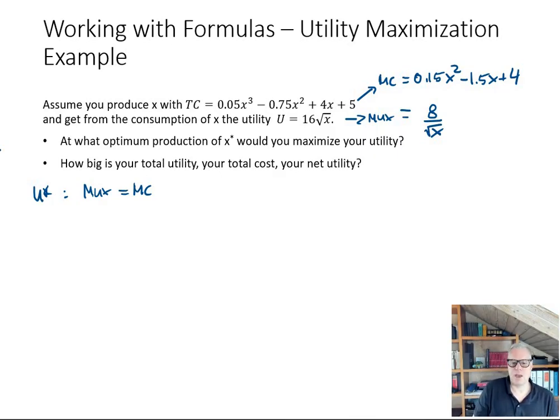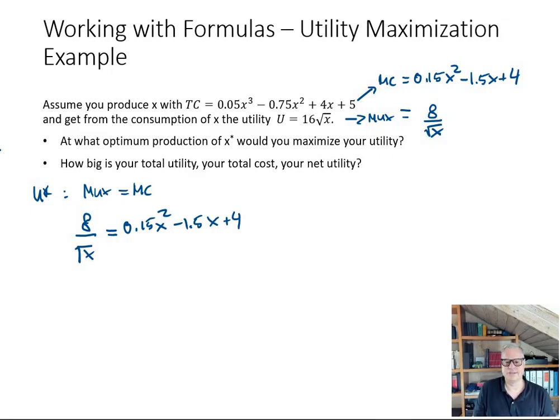Okay, so now we just have to find the point where 8 over the square root of x is equal to 0.15 x squared minus 1.5 x plus 4.